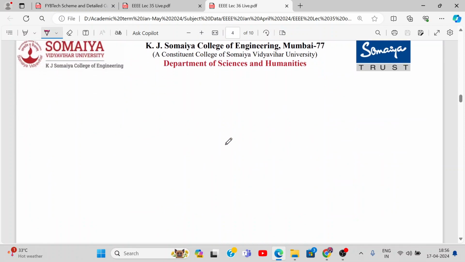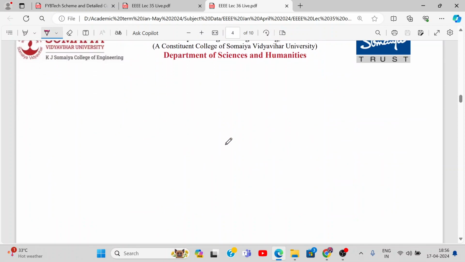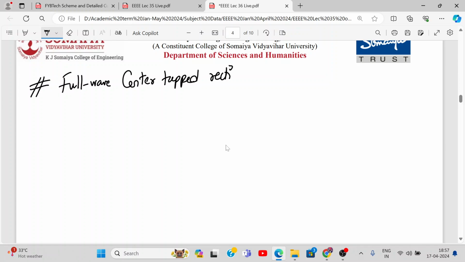So here only we'll continue. Write down the heading: full wave center tap rectifier with R load.